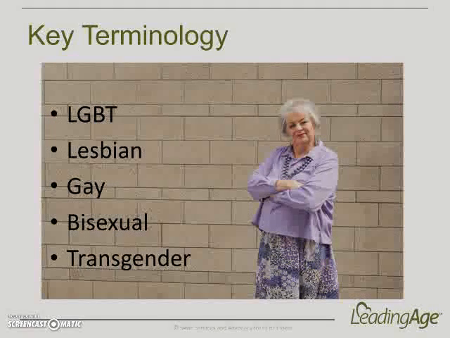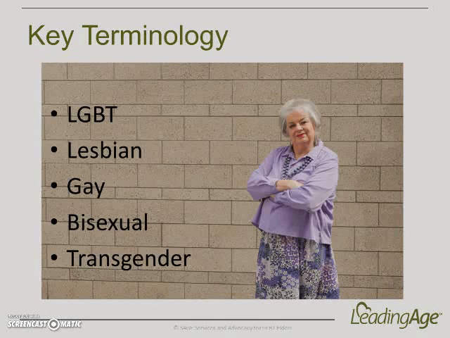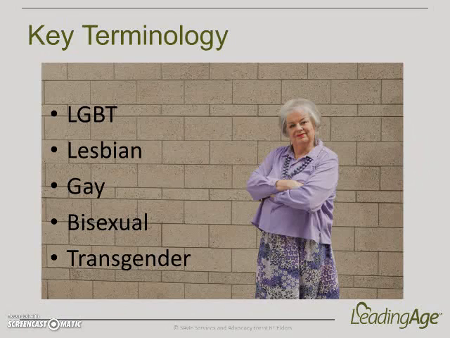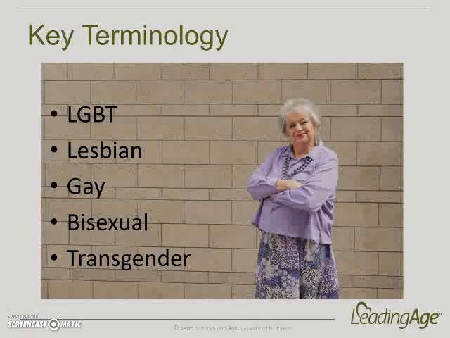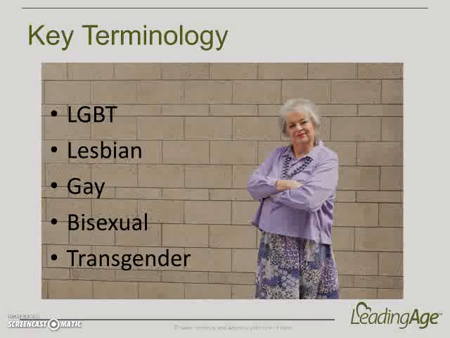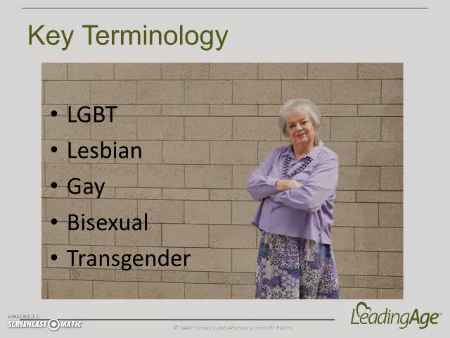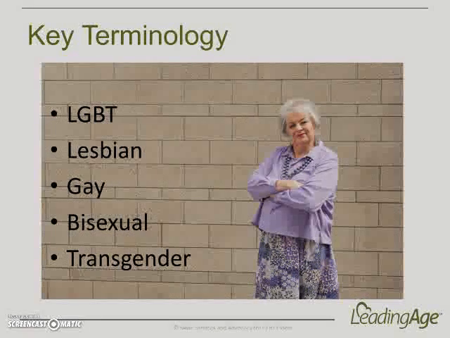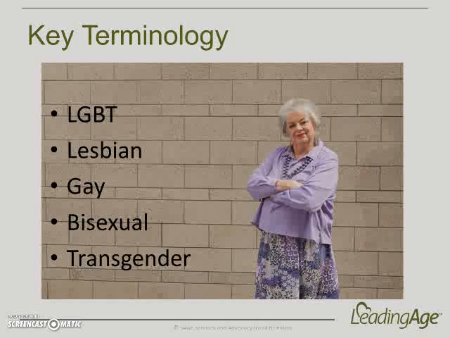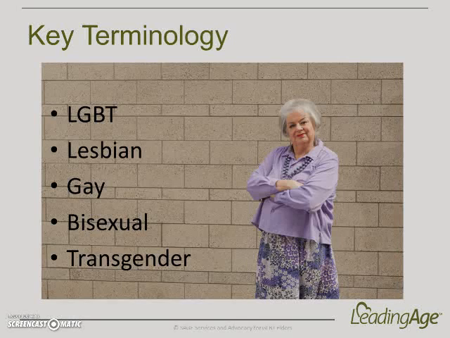Finally, the word transgender describes someone whose gender identity, or how they feel about themselves on the inside, is different from the sex that they were assigned at birth. So again, it's an umbrella term for anyone whose gender identity is in some way different from the sex that they were assigned when they were born.